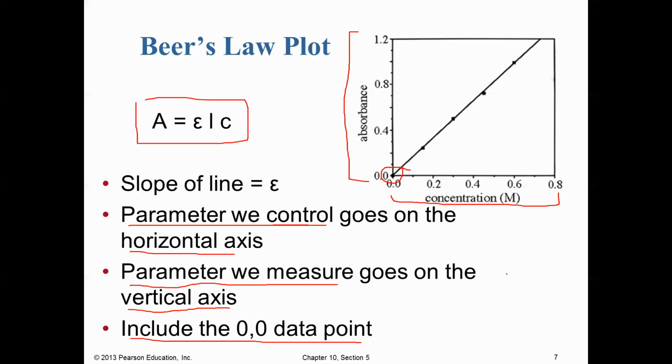Then we're going to use Excel once we graph this to figure out the slope of our line. It's going to spit out a linear equation, and the slope of that line is going to equal our epsilon value. So we're going to figure out our constant for the yellow dye that we'll be testing in the experiment.